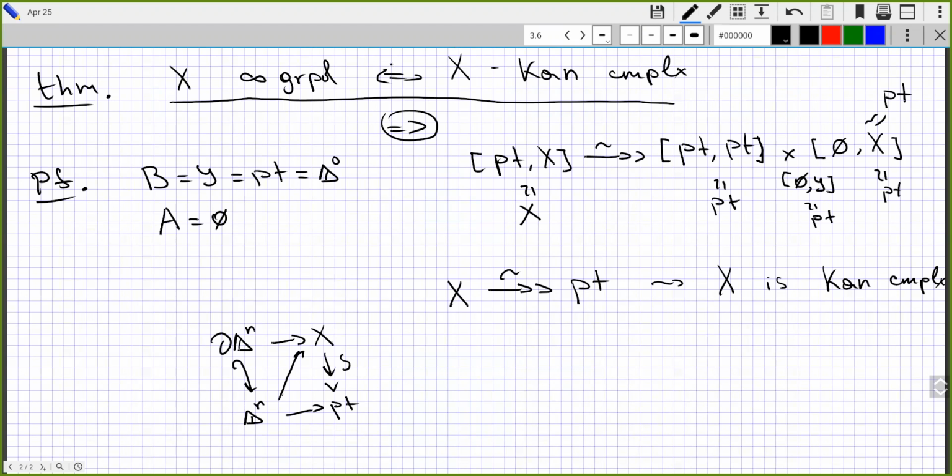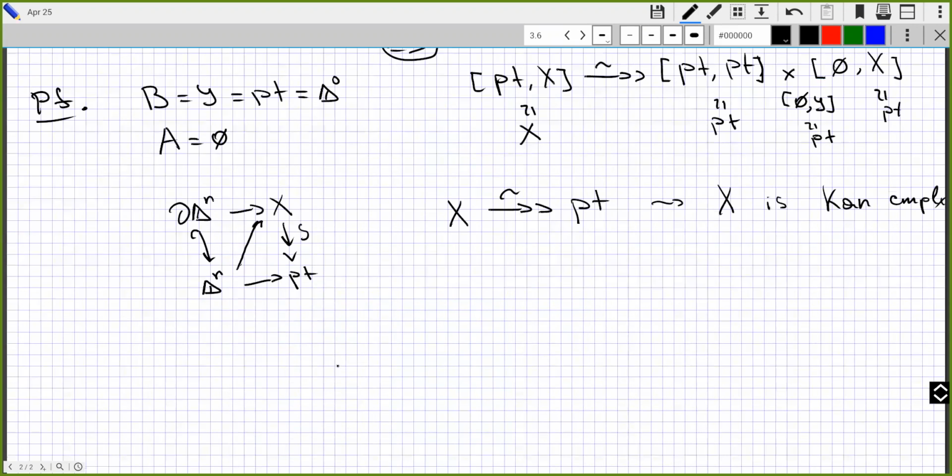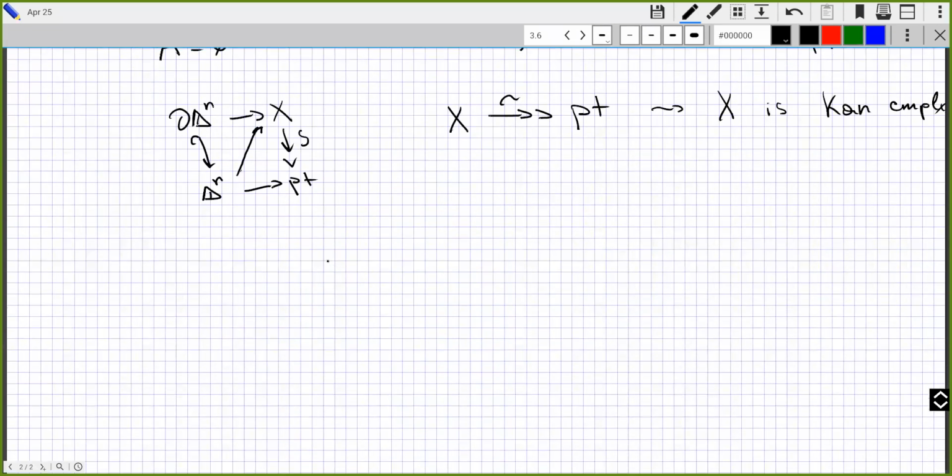So let's let it be like this, but keep in mind that we are not yet done, and I will check it later.